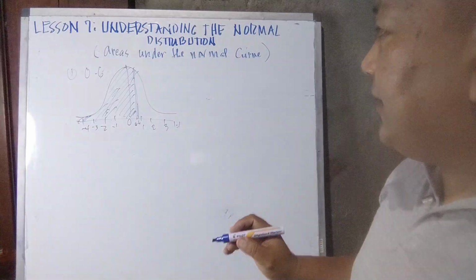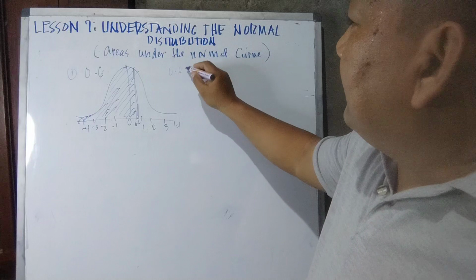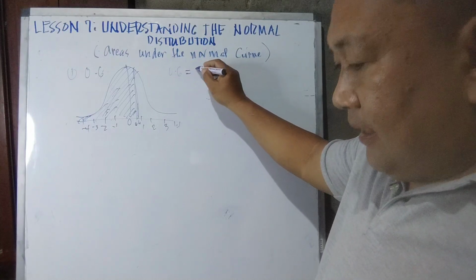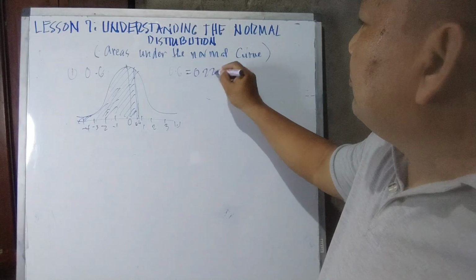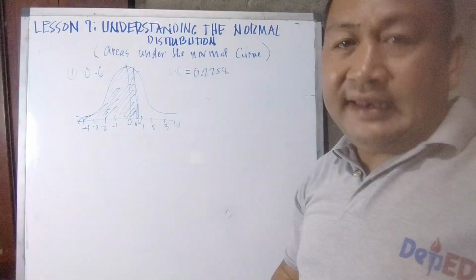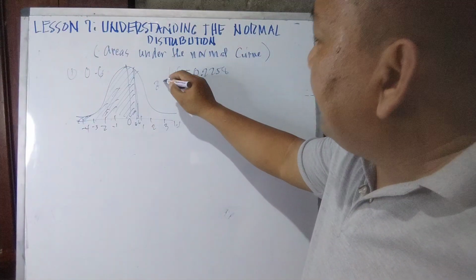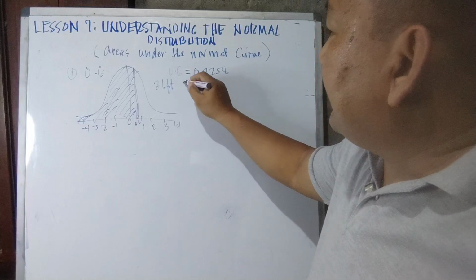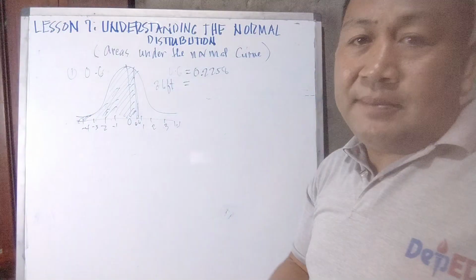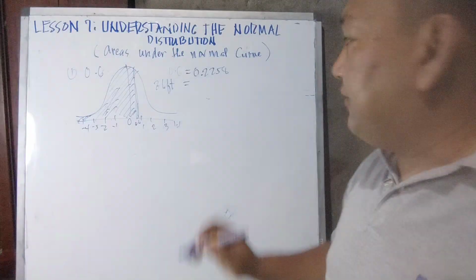Okay, so in your table, 0.6 is 0.2258. And notice the whole area at the left is covered or shaded. So that's going to be Z left. As we were discussing during our first session about the properties, half of it is 0.5 or 50%.